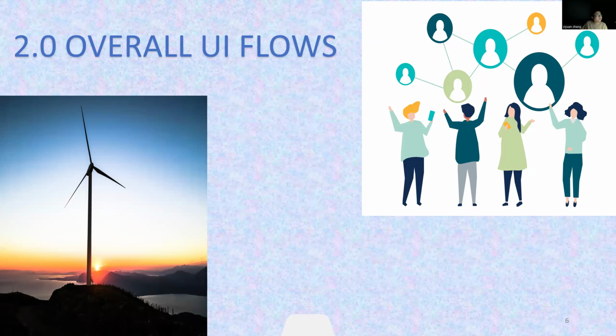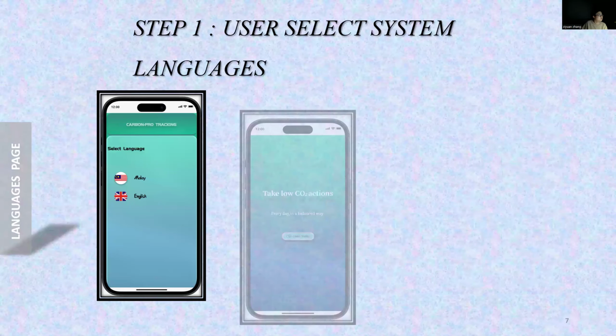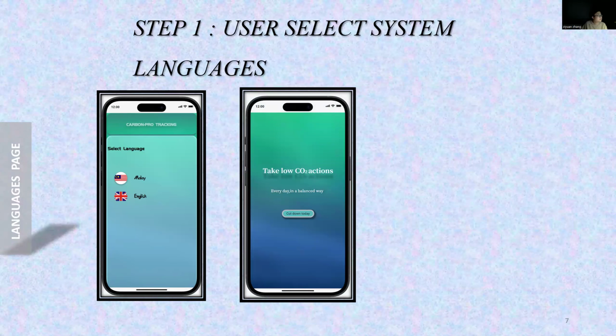So I'm going to show the overall UI flows. For the first page, as you can see, when you access the application, you can select the language, Malay or English.